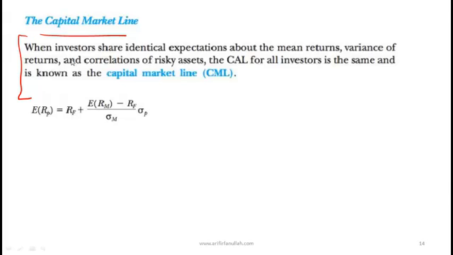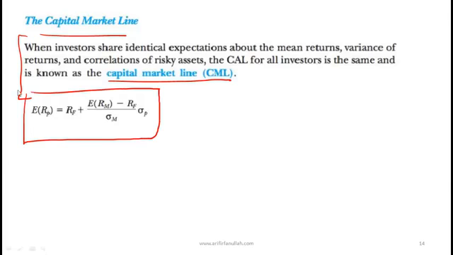When investors share identical expectations about the mean returns, variances of returns, and correlations of risky assets, the CAL for all investors is the same and is known as the capital market line or CML. Sounds familiar? Does this equation look familiar? It's the same equation. The only subtle difference is that the XY axis is the same.